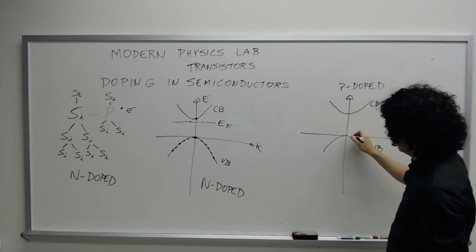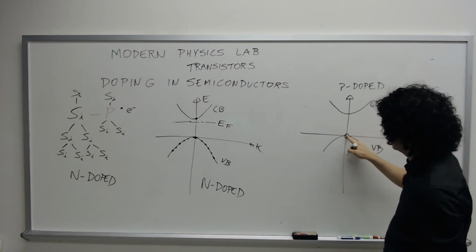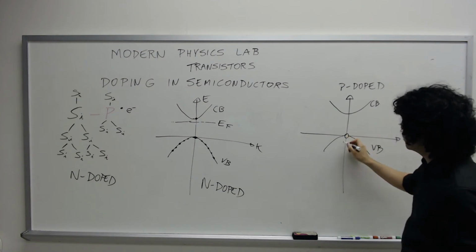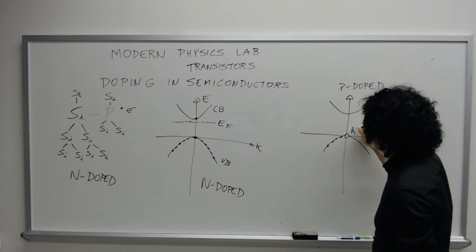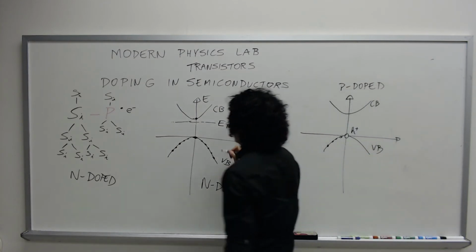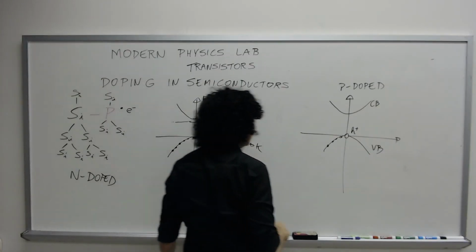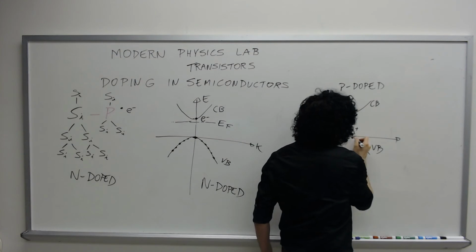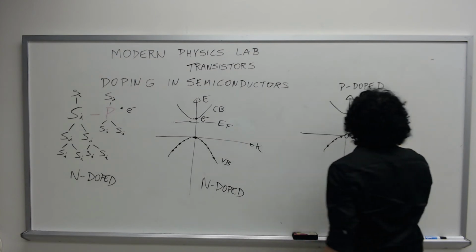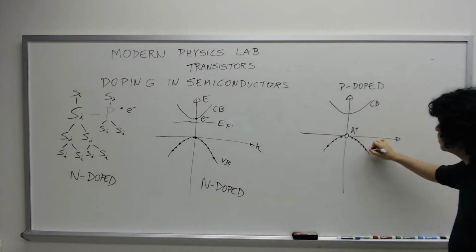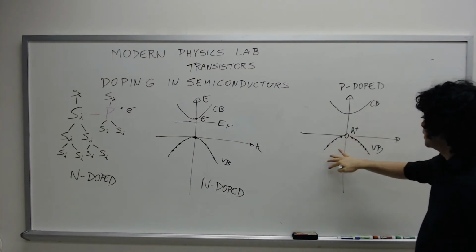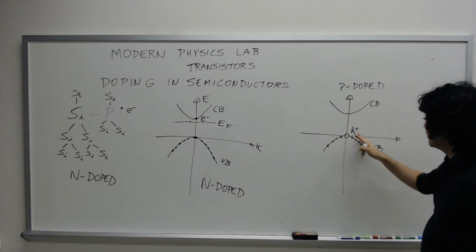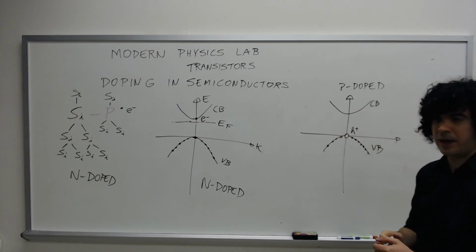And the hole will be ionized to the valence band. So we have a hole here. This is the positive, this is the negative charge, so this is a positive quasi-particle. And this can move around the valence band.